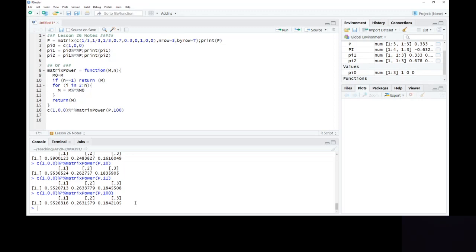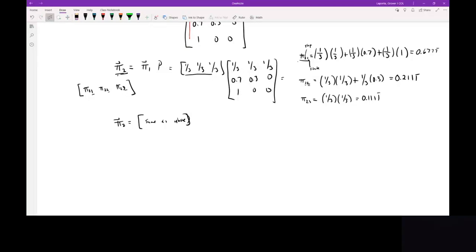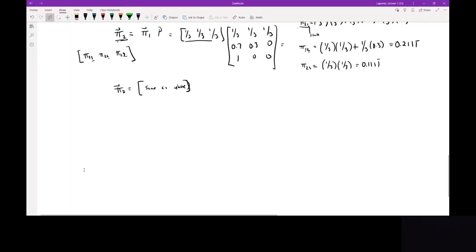So let's go back to our math over here. So let me stop sharing this, start sharing here, and let's define these limiting, sometimes they're called steady state probabilities. So I can start off with that. I think in the book he calls them steady state probabilities.